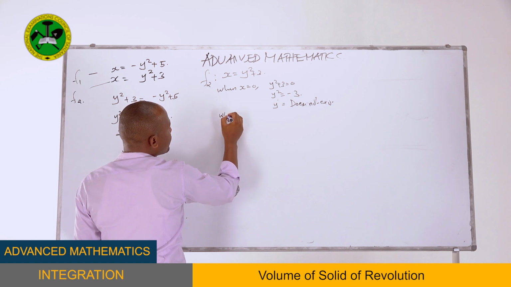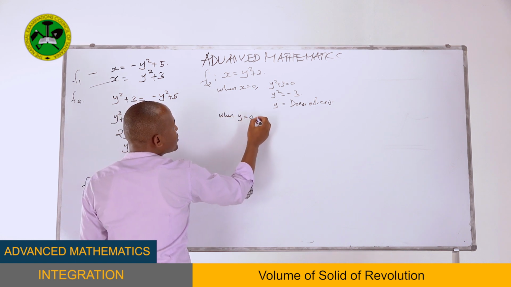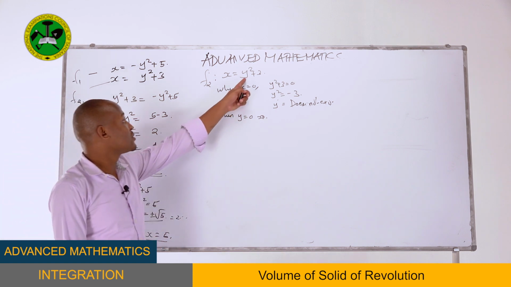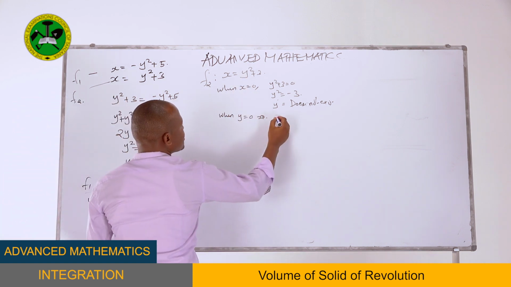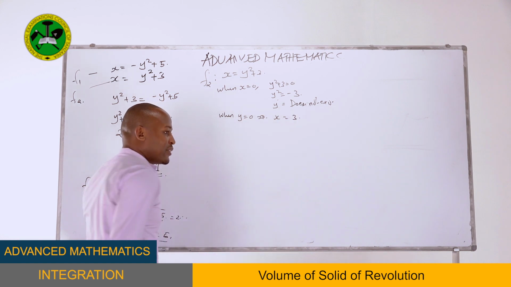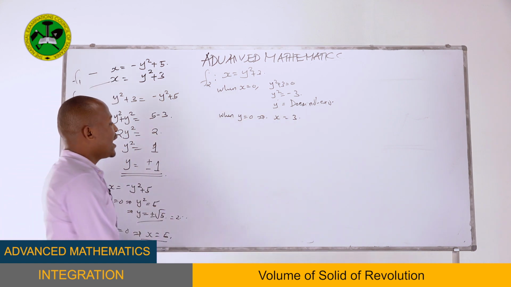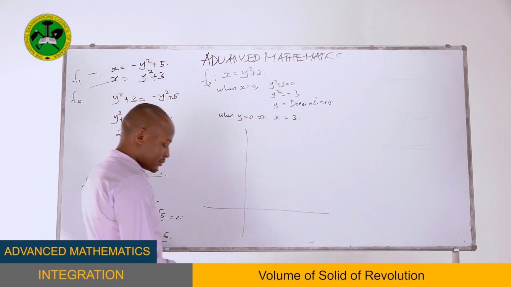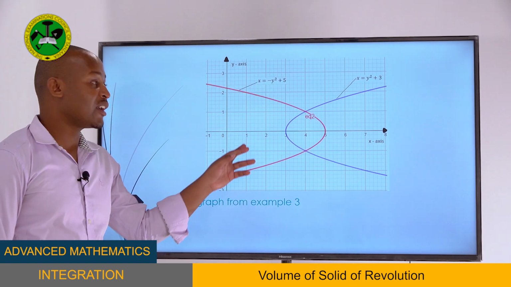What about the x-intercept? When y equals 0, you plug in 0, that is to say x equals 3. That means we have an x-intercept. If you try to sketch that, you will end up having a graph like that.